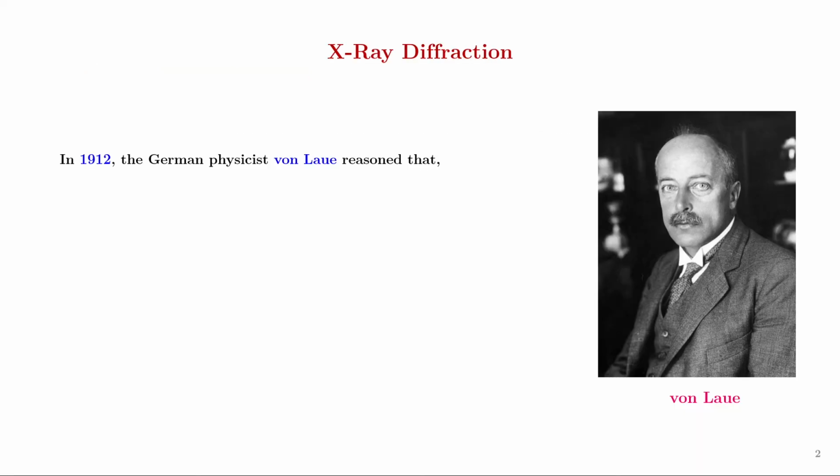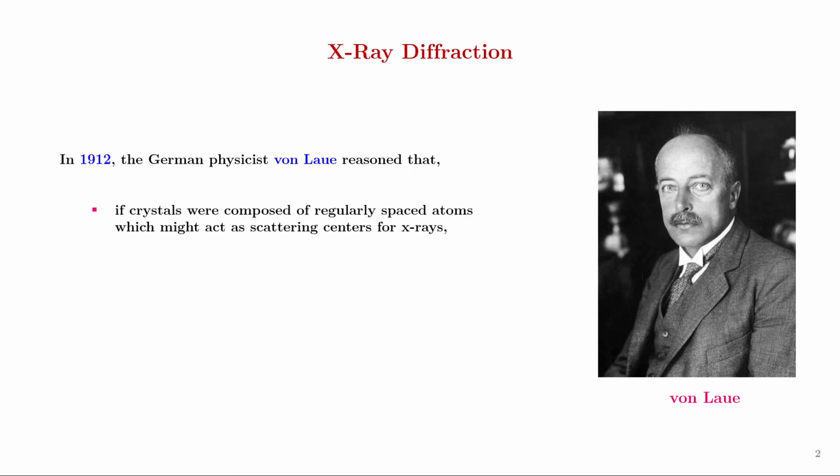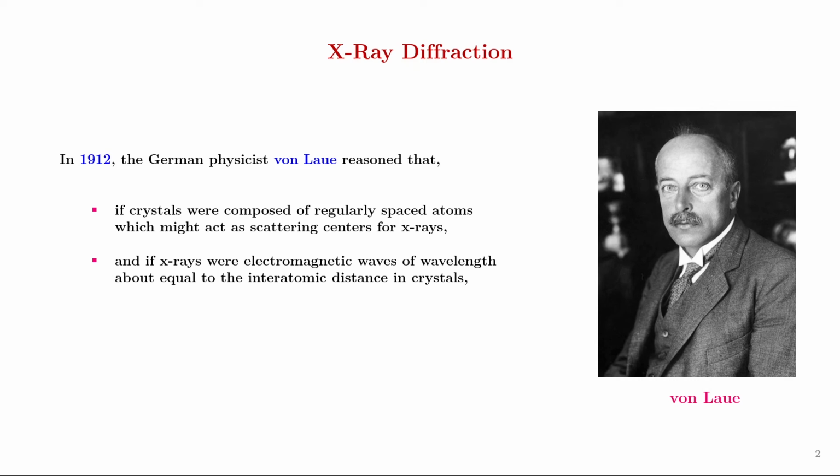In 1912, the German physicist von Laue reasoned that if crystals were composed of regularly spaced atoms, which might act as scattering centers for X-rays, and if X-rays were electromagnetic waves of wavelength about equal to the interatomic distance in crystals, then it should be possible to diffract X-rays by means of crystals.